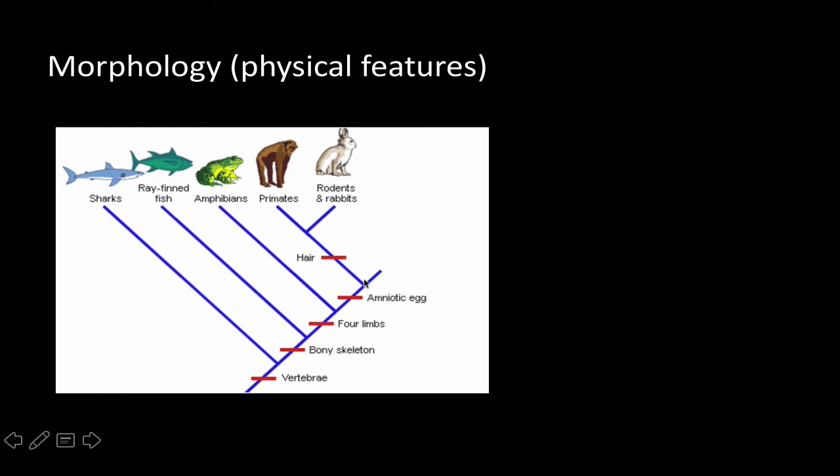So in this branching event for speciation, one branches off this way and evolves into primates and rabbits. Here, this is the most recent common ancestor for the primates and rabbits. So this branched off. Hair evolved at some point in an ancestor, but then the ancestor branched into two groups here. So rabbits and rodents and then primates here. So this is their common ancestor right there. That's the branching point where their common ancestor existed.